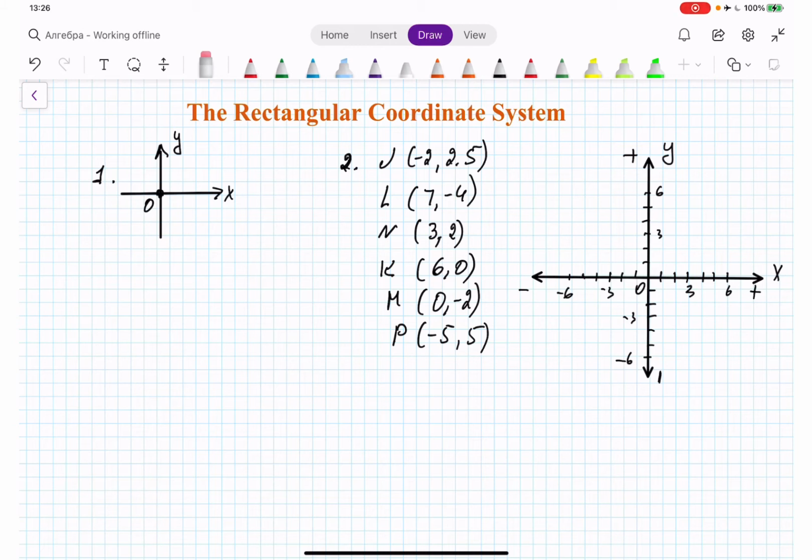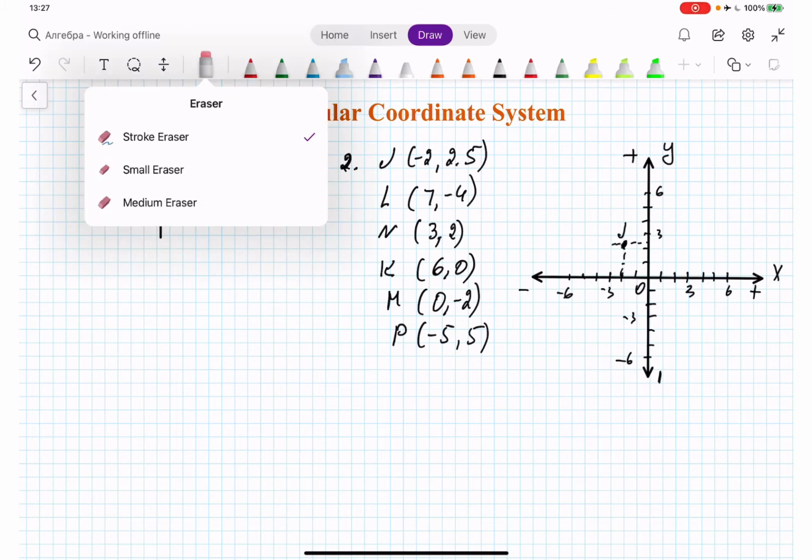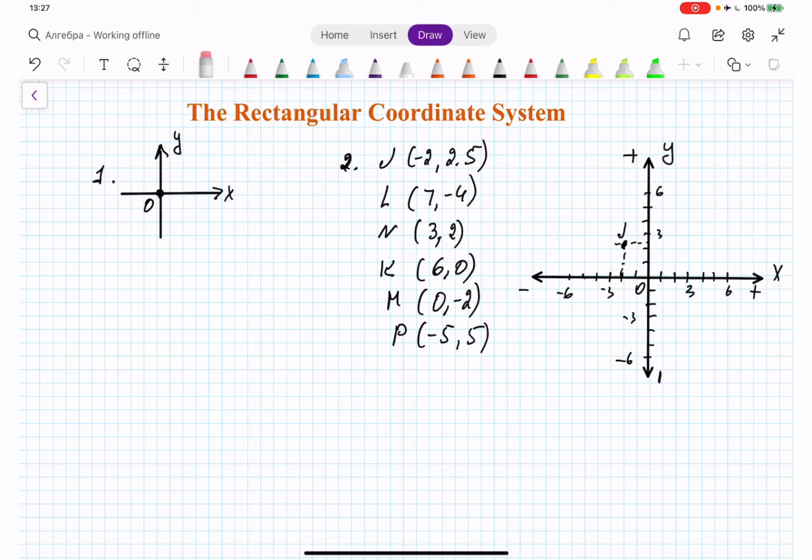So, keeping that in mind, let's start building. First one, J, -2 and 2.5, so x is going to be -2, and y is going to be 2.5. This is y, 2.5, and this is -2. This is our J. Okay. Next, let me change the colors here so we can better identify.